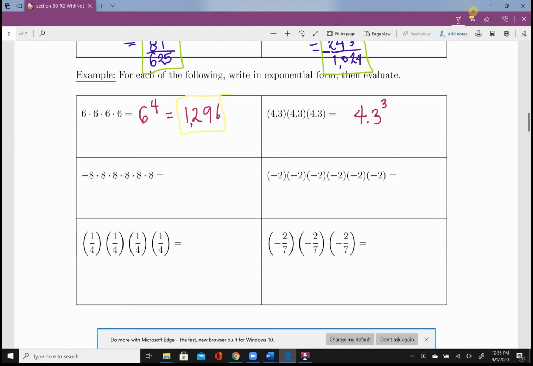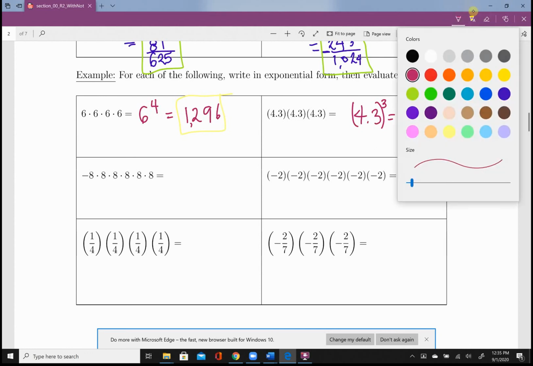And if you feel compelled, because the individual factors are encapsulated with parentheses, you can have that notation transfer over to your representation of the exponential notation there. 4.3 though to the 3rd power is going to yield 79.507. Okay, great.